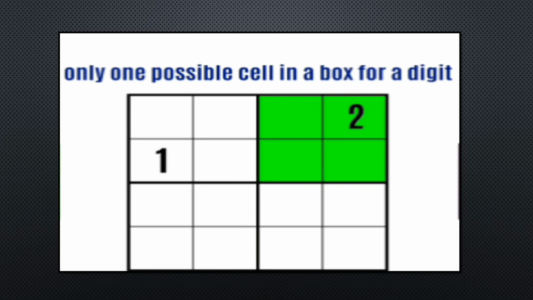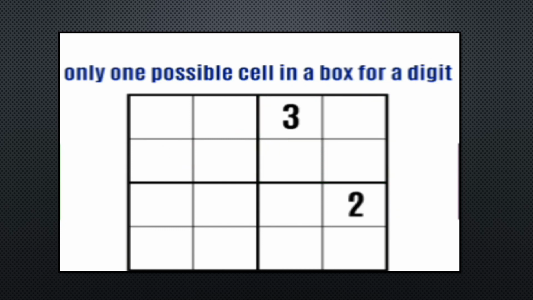Just see the picture and check the imaginary lines. 1 we cannot enter on this line. So for this box we can easily write 1 over here.